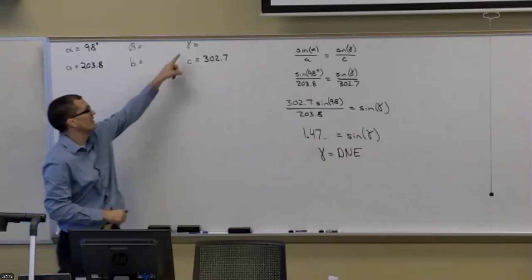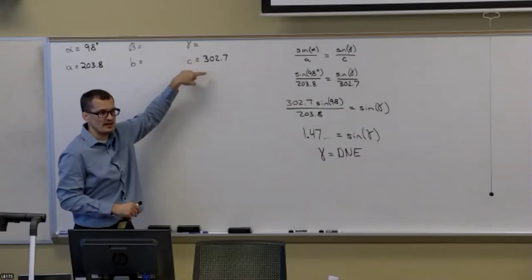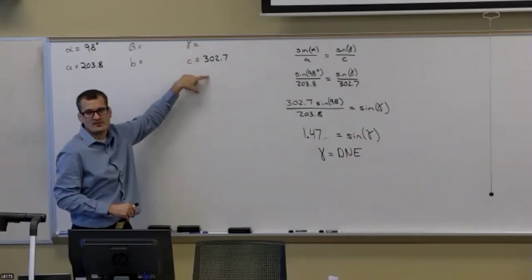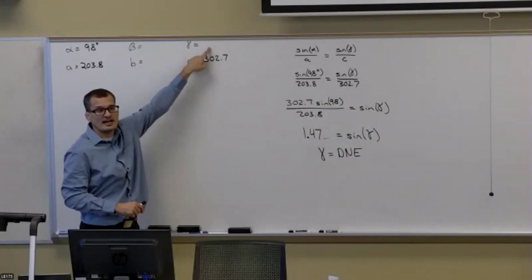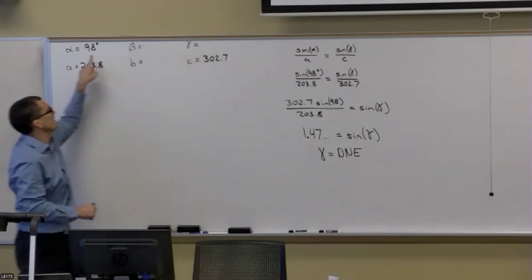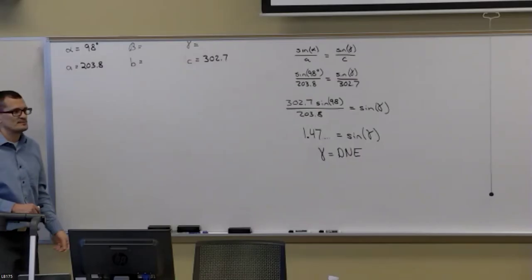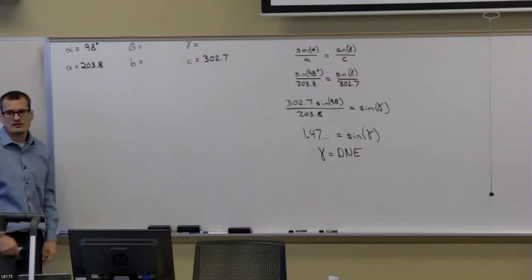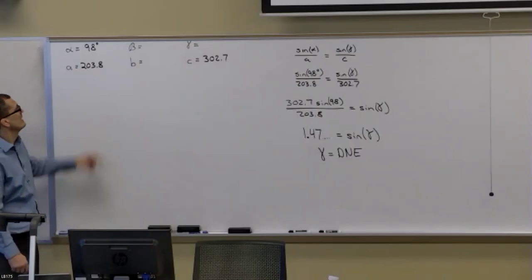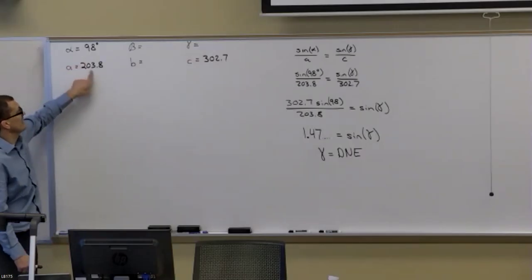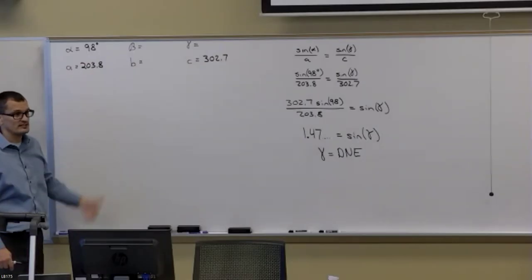Gamma, the one associated with C, right? Well, if this is bigger than 98 degrees, then these two angles already add up to something more than 180, and so that doesn't work, because this side length should have been the biggest side length if we had wanted a legitimate triangle.